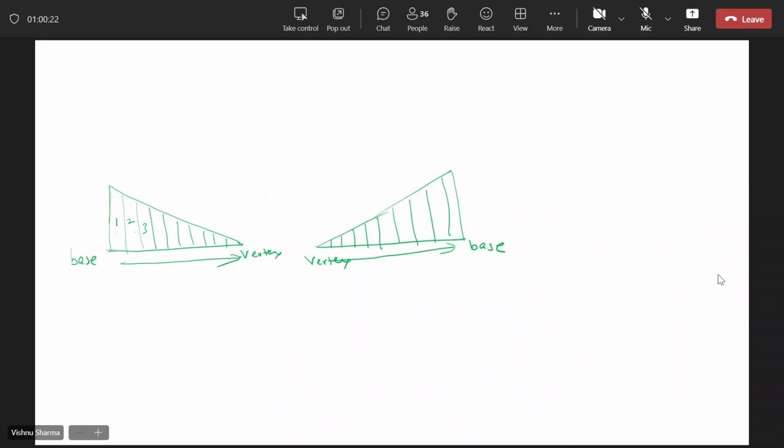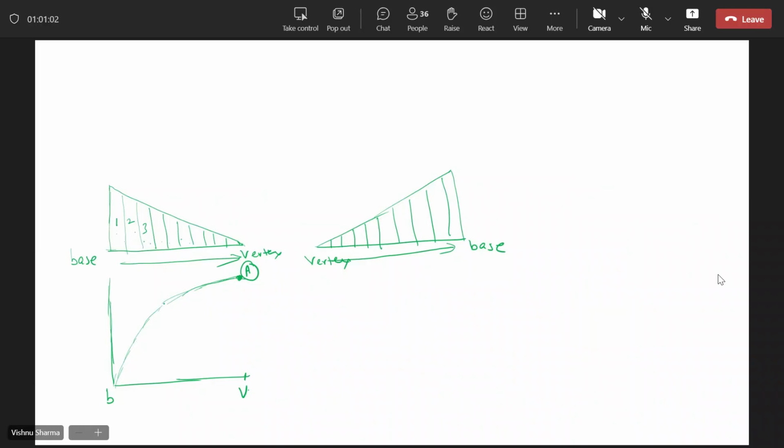So, guys, whenever the rate is more, the curve will be steep. Whenever the rate is less, the curve will be closer to horizontal. Okay. So guys, if you have the base here and the vertex here, and let us say the total area of the triangle is here, A, which was 62.5 in our case. Initially, the rate of increase is more and it is becoming nearly 0 at the vertex. So it will rise like this.